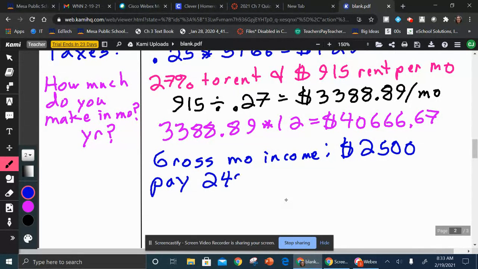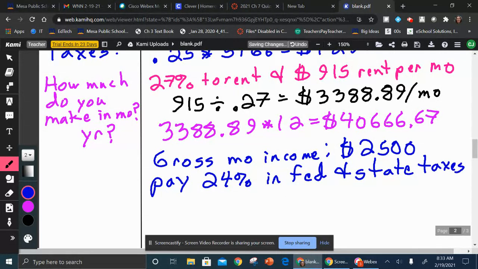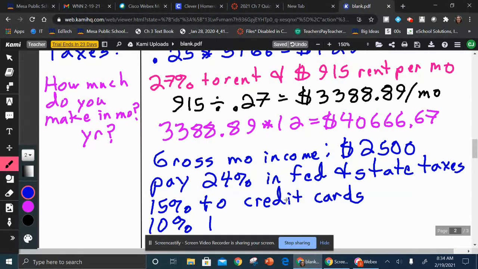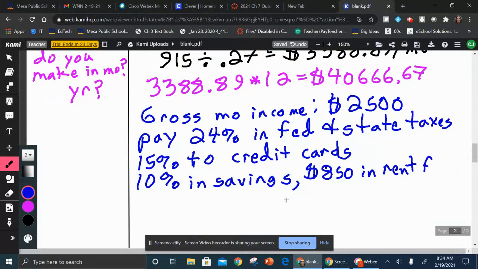You pay 24% in federal and state taxes, 15% to credit cards, 10% in savings, and you're paying $850 in rent for the apartment.